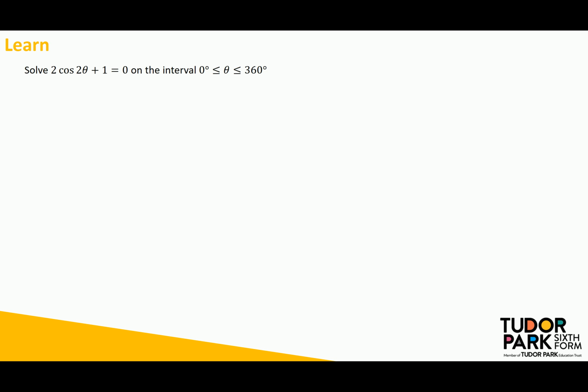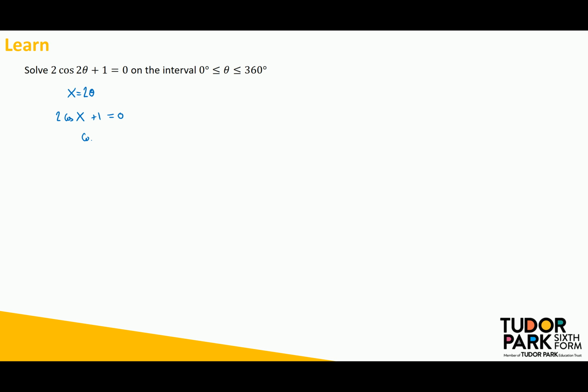Let's see that again. This time I'm dealing with cosine of 2 theta. So again, I don't want to deal with 2 theta, so let's replace it with an x, where x is 2 theta. So this becomes: solve 2 cosine of x plus 1 equals 0.